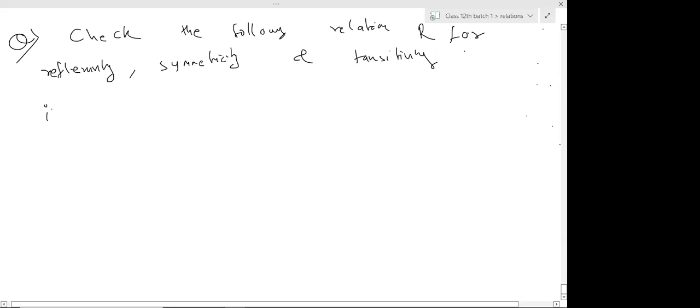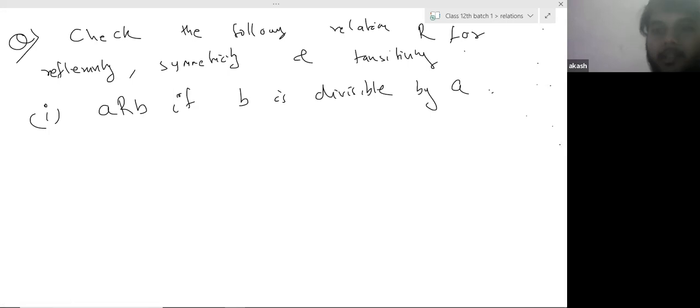A is related to B if B is divisible by A. All right, the question is clear to everyone. You have to check whether this relation R is reflexive, symmetric, or transitive, and the relation is given by A is related to B if B is divisible by A, where A and B belong to natural numbers.